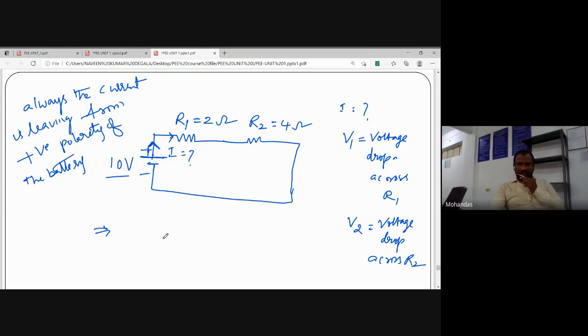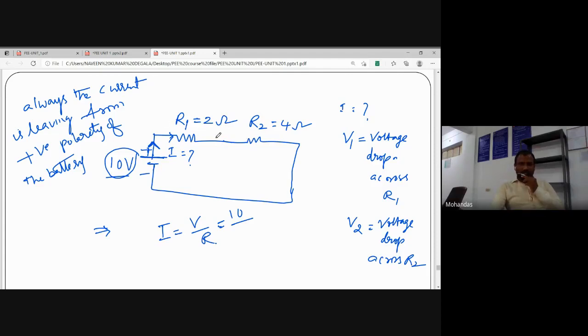Very simple problem. What is Ohm's law here? I equal to V by R. But what is the voltage here? What is the supply voltage? 10 volts, the supply voltage by R. If only one resistor is there, simply we can divide by R. But how many resistors are there here?